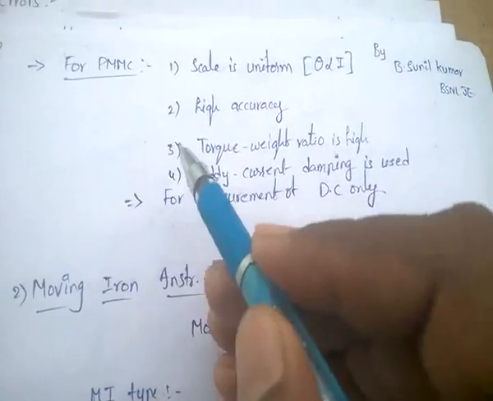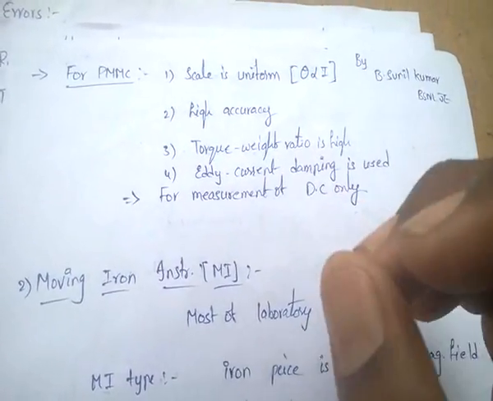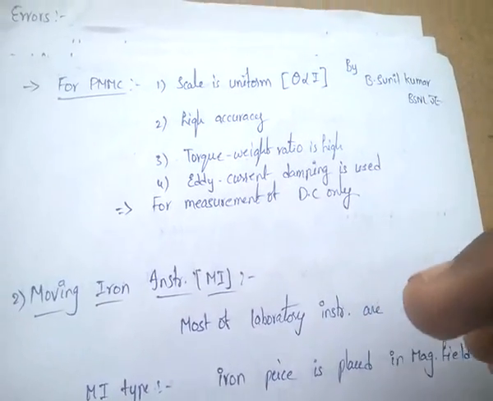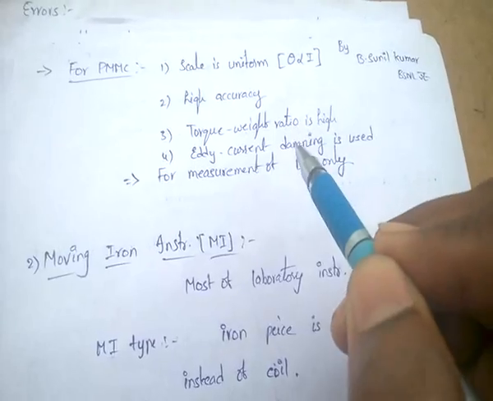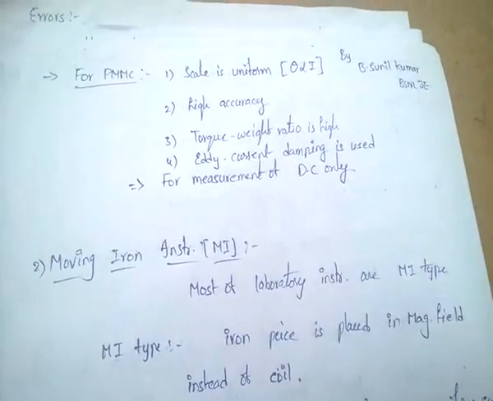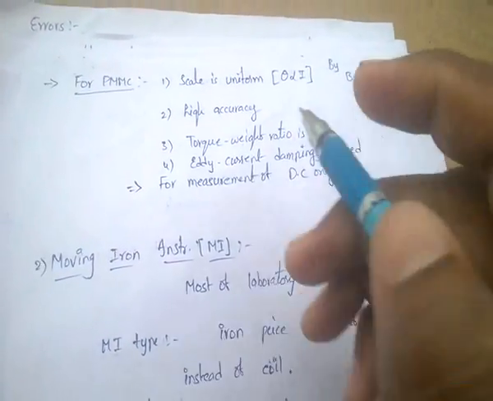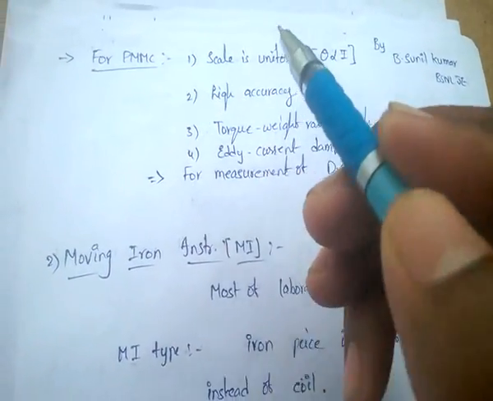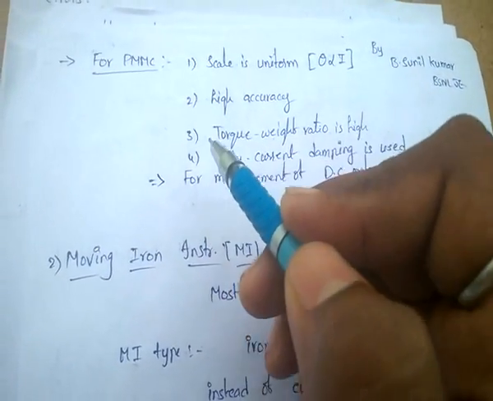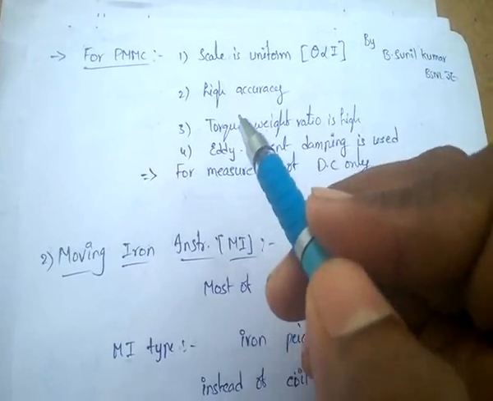Very, very important for bits, each and every line. Next, eddy current damping is used in case of PMMC. It is used for DC only. It is not applicable for AC.